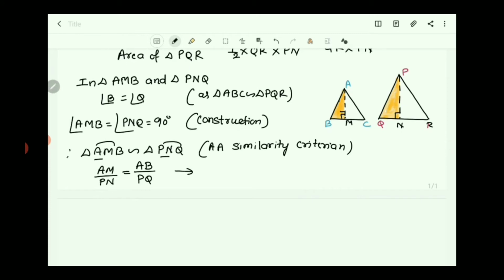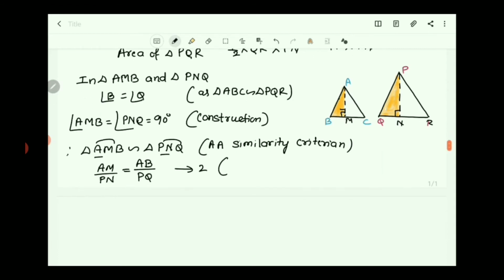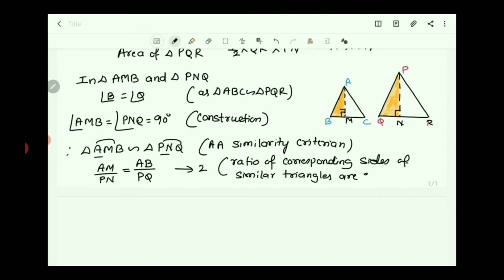So you consider this as second, and here you have taken first. The reason is, the ratio of corresponding sides of similar triangles are equal.